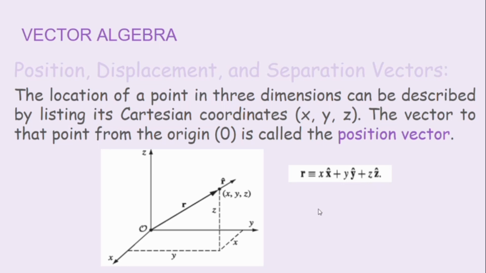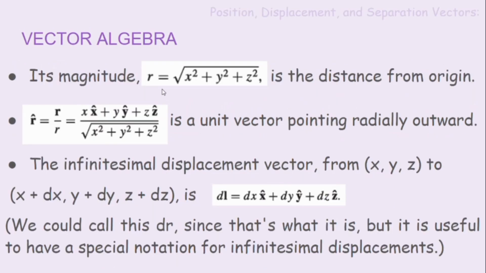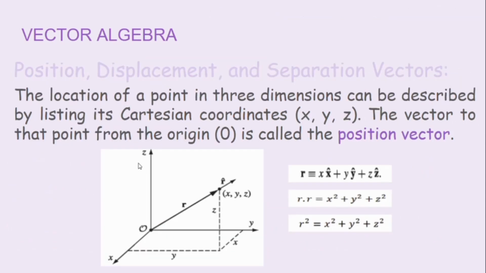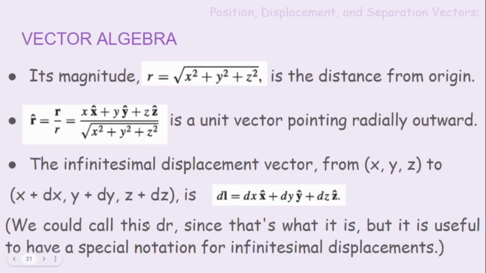And if we take the dot product of this r with itself, we will have x square plus y square plus z square, and this r dot r equals r square. So if we take the square root of this equation, we will have r equals square root of x square plus y square plus z square, which is the magnitude of this position vector, or the distance of this vector from the origin.